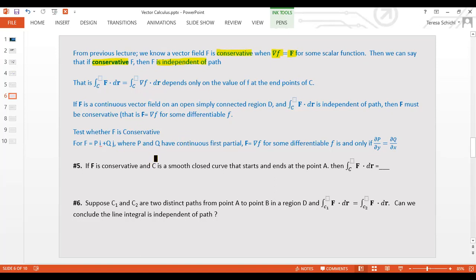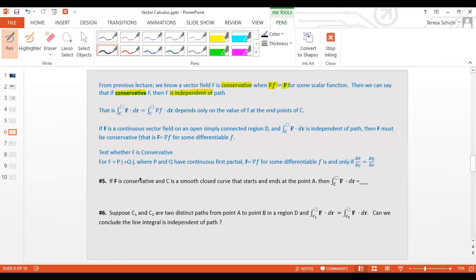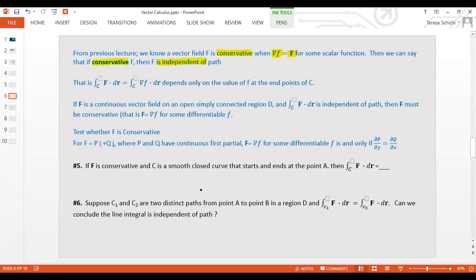So before we go any further, let's take a look at number 5 here. They tell you that if F is conservative and C is a smooth closed curve that starts and ends at the point A, fill in the blank.